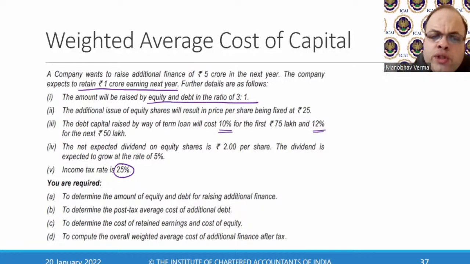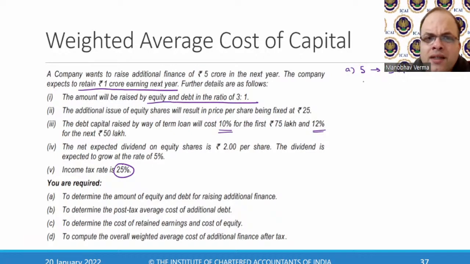You need to give me an answer for question number A, to determine the amount of equity and debt for raising additional finance. How do I calculate what amount of equity and debt I need, guys? Let's see who can answer this one. So for question number A, we are looking at an option of 5 crore additional finance, and they have given us 3:1.